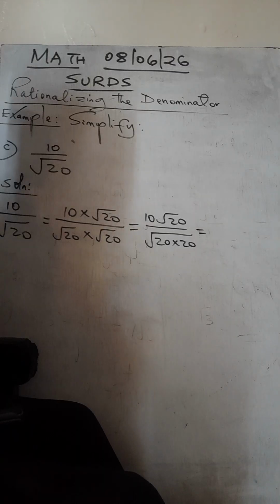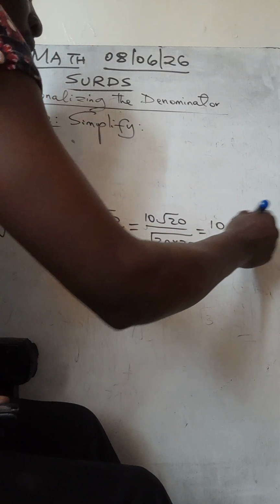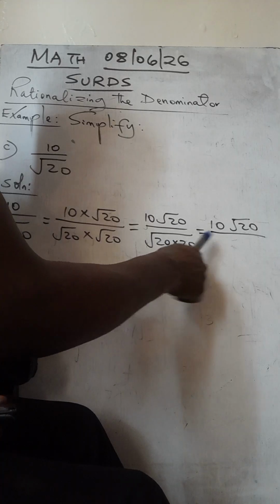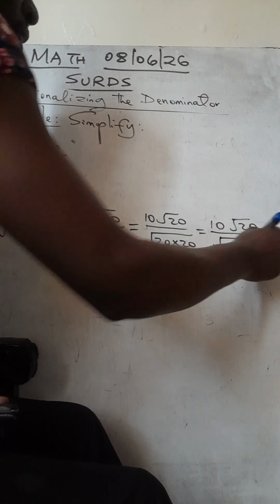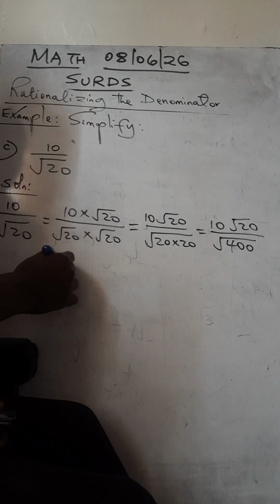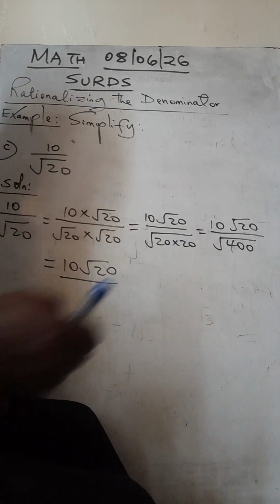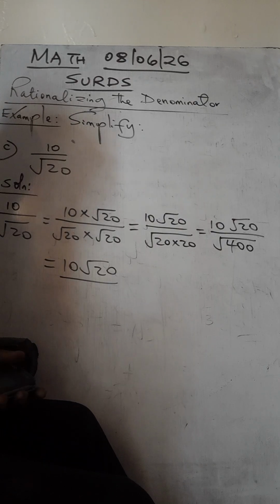So this is 10 root 20 over, this time, 400, so square root of 400. What is the square root of 400? The square root of 400 is 20. You can check that.